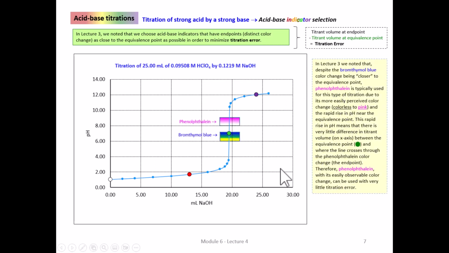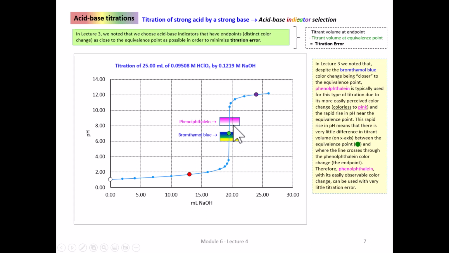In the previous lecture, we noted that both bromothymol blue and phenolphthalein would be acceptable indicators. We seem to lean toward phenolphthalein, even though the phenolphthalein color change was not where the equivalence point is. You can see bromothymol blue is better positioned. However, we deferred to phenolphthalein because we said visually it's a lot easier to see no color turning to a color than it is from one color turning to another.